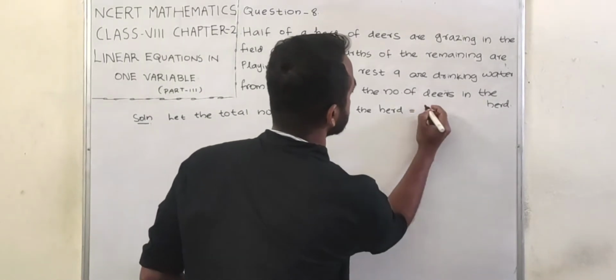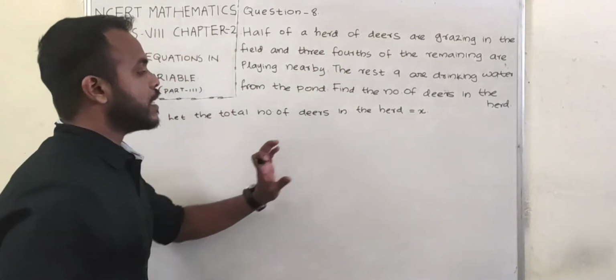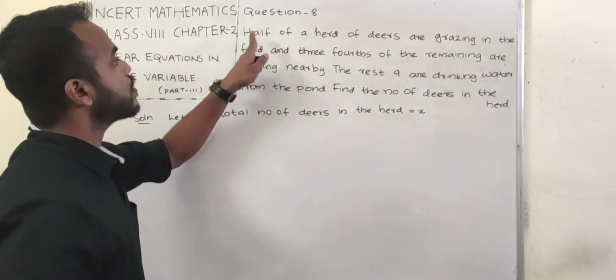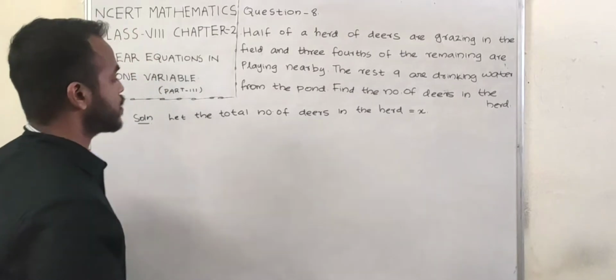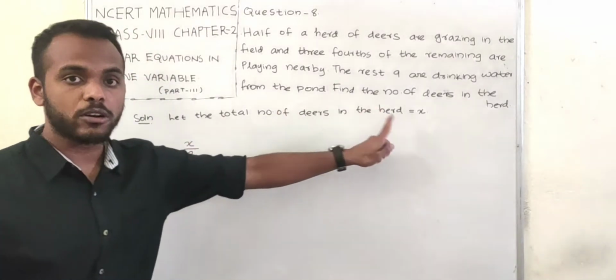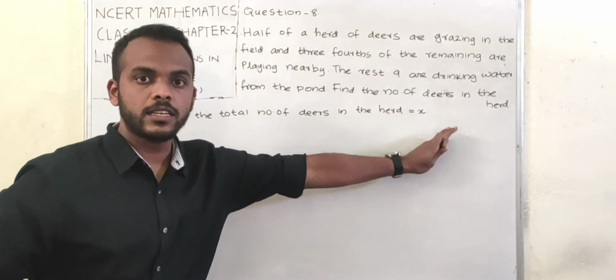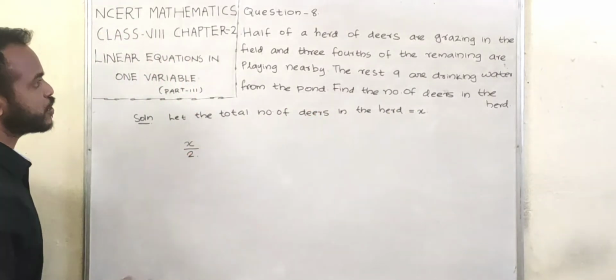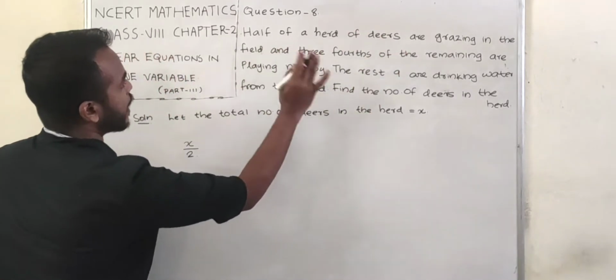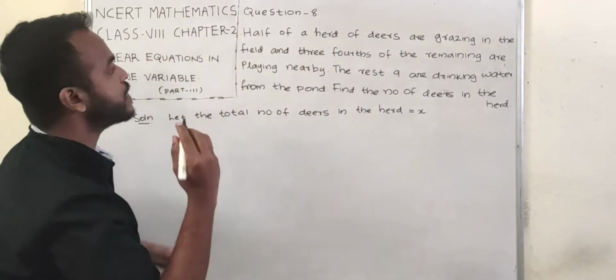Now, what's the first statement? Now, I'm going to write down a bit faster. Please listen. Half of the herd of deers. We know total number of deers is x. So, half of them means x by 2. Half of these are grazing in the field and 3/4 of the remaining.